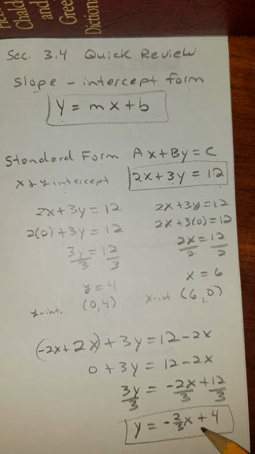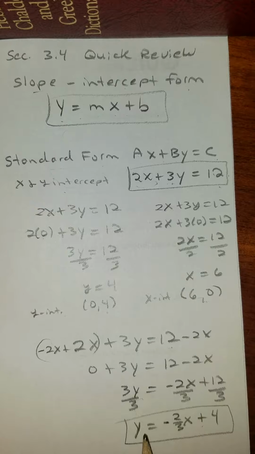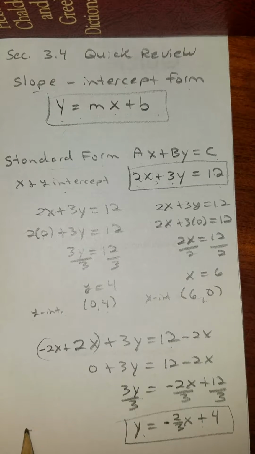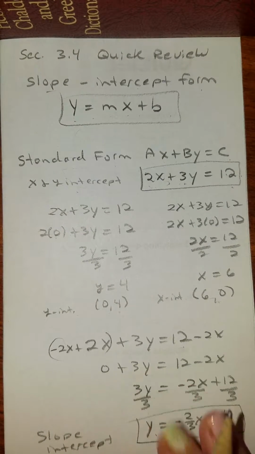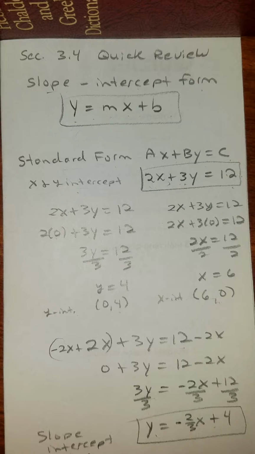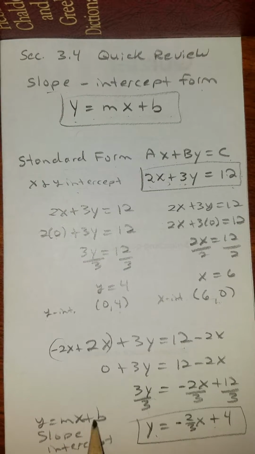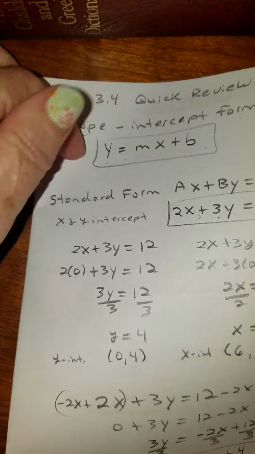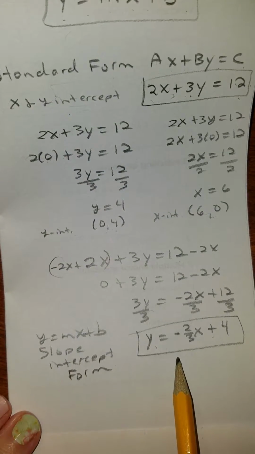They're talking about the same line. This line is written in the standard form. This line is written in the slope-intercept form, where it's y equals mx plus b. Okay, they're both the same equation of the line.